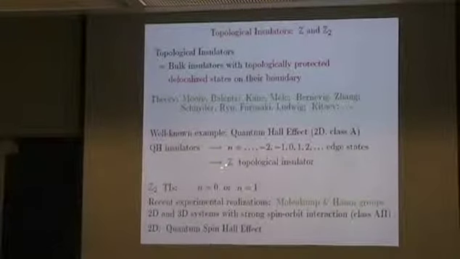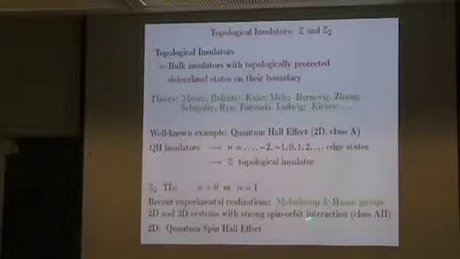So the quantum Hall effect is one example of a Z topological insulator, because you may have states classified by an integer, which physically has the meaning of the number of edge states, and another class are the Z2 topological insulators, where we have either 0 or 1 edge state.